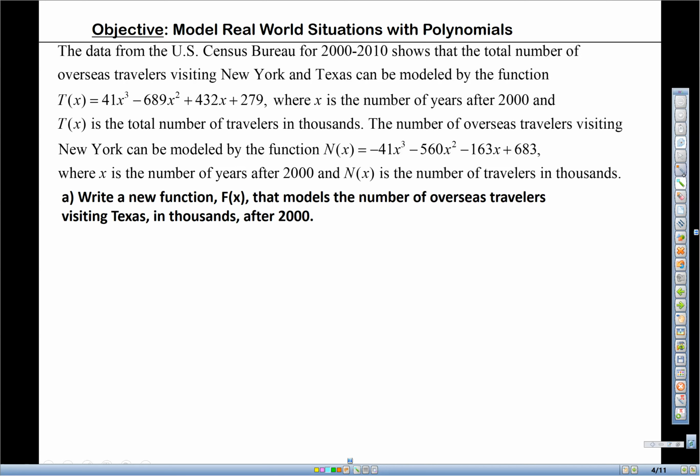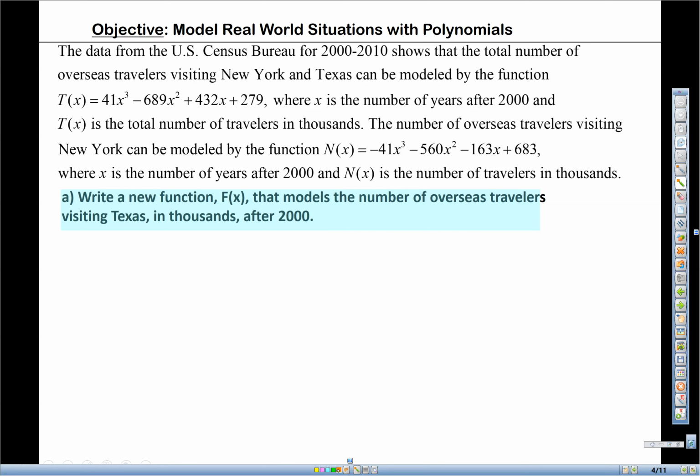The number of overseas travelers visiting New York can be modeled by the function n of x, where x is the number of years after 2000, and n of x is the number of travelers in thousands. Our job is to write a new function f of x that models the number of overseas travelers visiting Texas in thousands after the year 2000. So, all right, let's take a look at what we know.